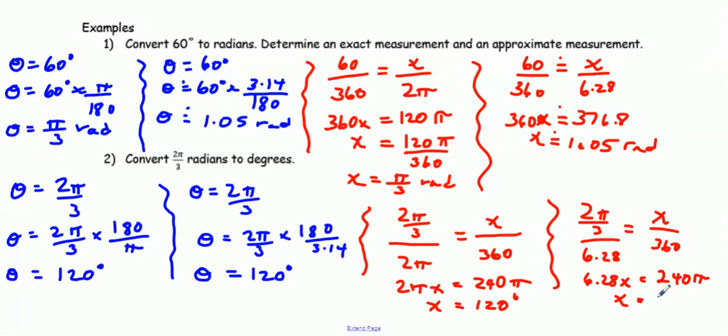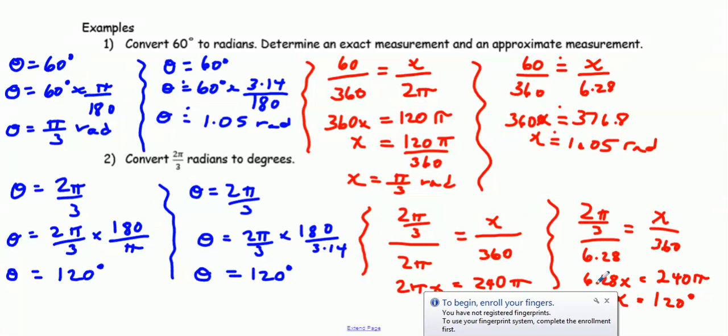So divide that by 2, it's 120, and the pi's should cancel. Because you're using an approximate value, you might want to stick an approximate sign there, but technically it's exact. 2 pi by 3 is an exact value. Okay. You getting it?